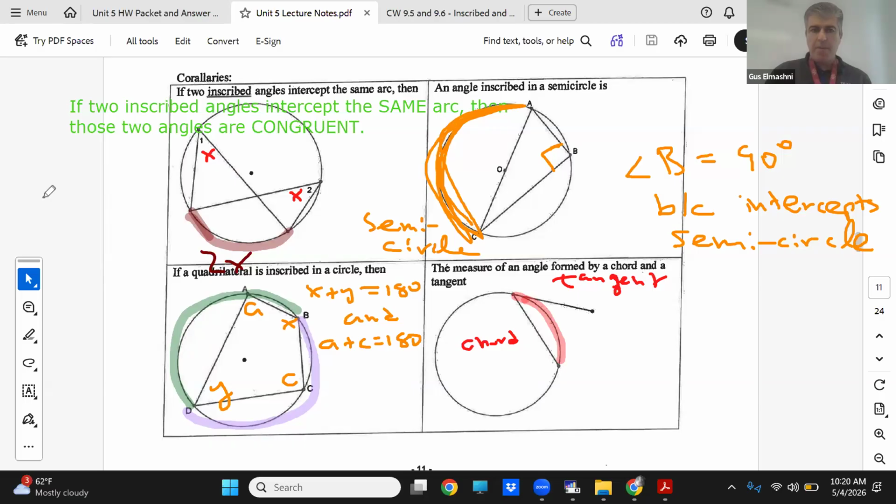It's tricky, but what's happening here is that if I call this angle x degrees, the arc is 2x degrees.